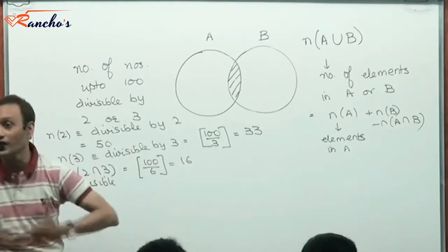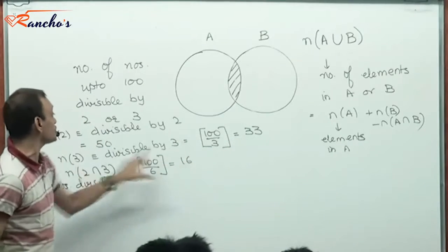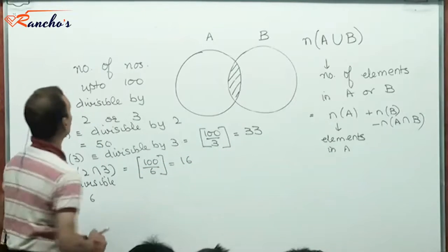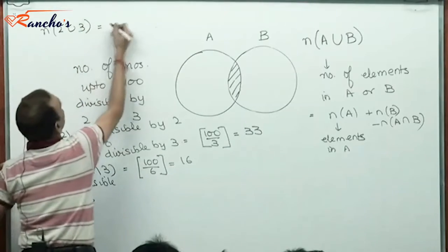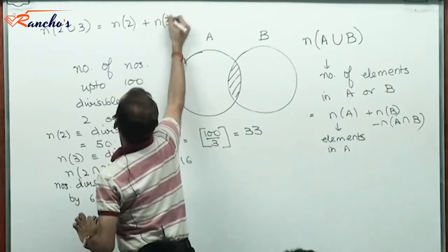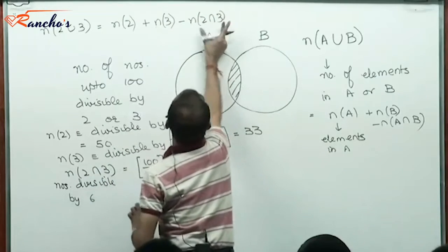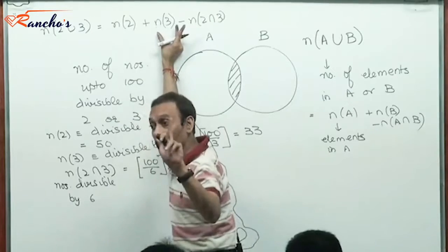That means there is an overcounting. If I simply said 50 plus 33, this would include the 16 here as well as here. But you want to include it only once. So what would you do? The number of numbers that are divisible by 2 or 3 is the number divisible by 2, plus the number divisible by 3, minus the number divisible by 2 and 3, because this number is included here as well as here, but it should appear only once.